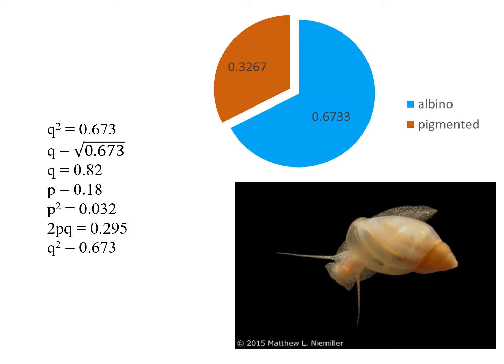And we already know that last piece, right? So that's pretty cool. I think you can use the frequency of the recessive phenotype to calculate the expected frequency of both alleles and the expected frequency of all three genotypes.